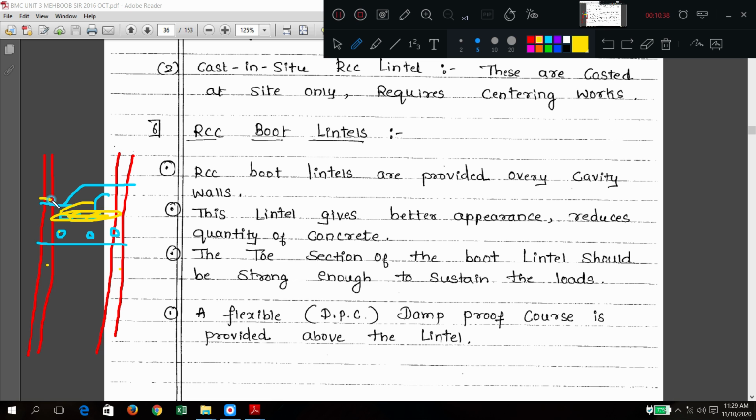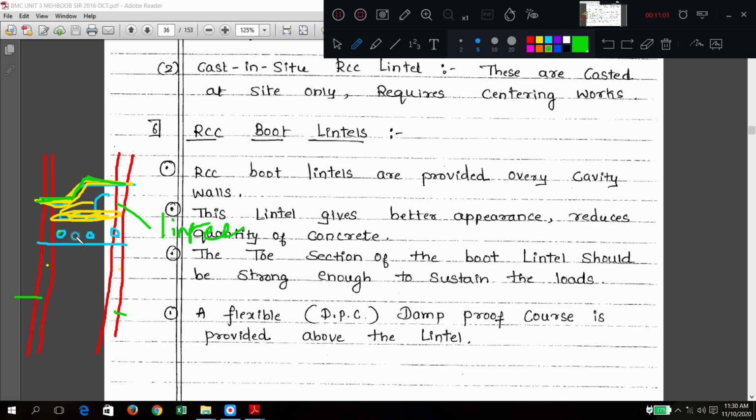And preferably there will be one DPC layer, very important, damp proof course. I have drawn it in green color. This green color is a DPC. This is a lintel, try to remember. This is the walls, two leaves.